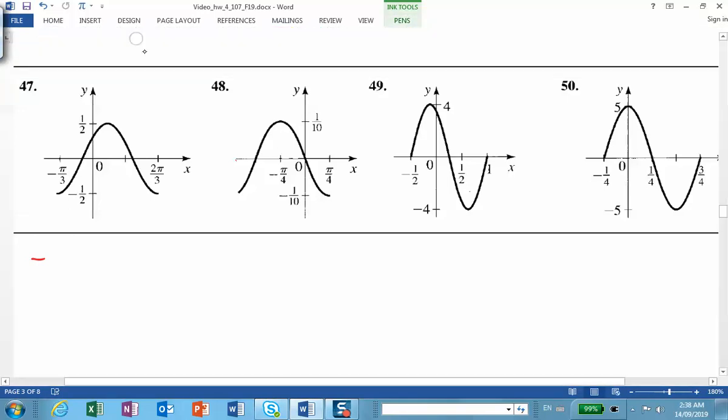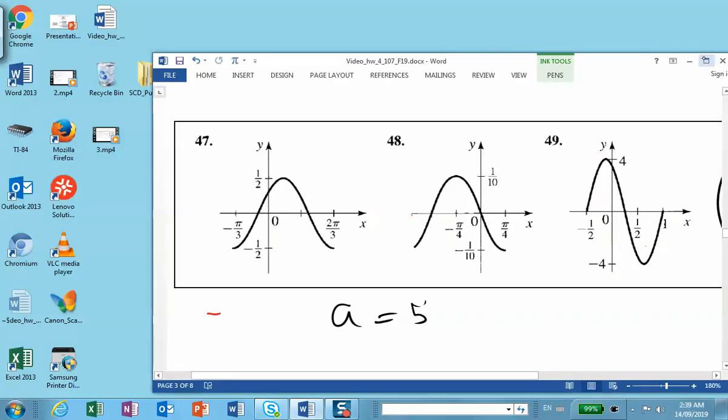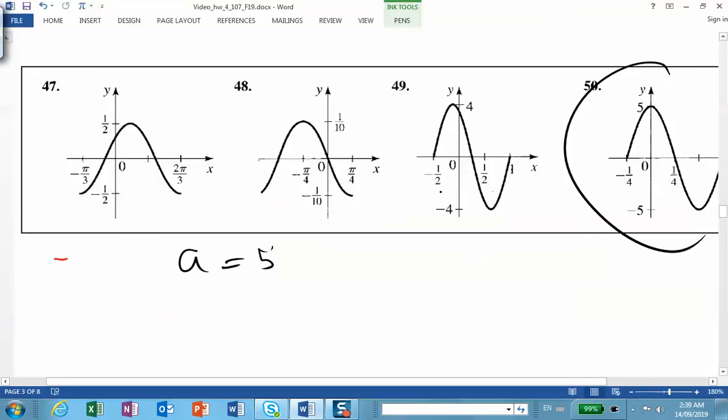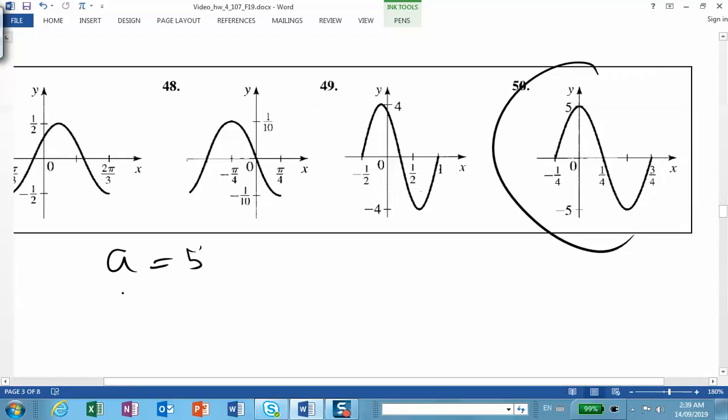So you look at this one. A is equal to 5. Obviously, it's a sine curve, and the shape is exactly like it's supposed to be, the shape of the sine, so there's no negative in the front. All right, so period. The period, you just look at this. 3/4 minus minus 1/4.